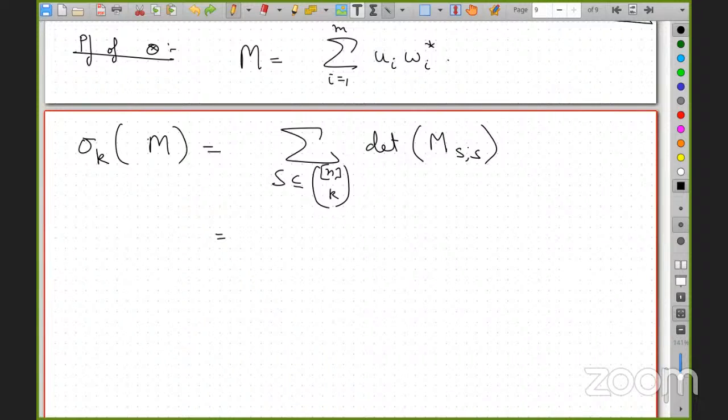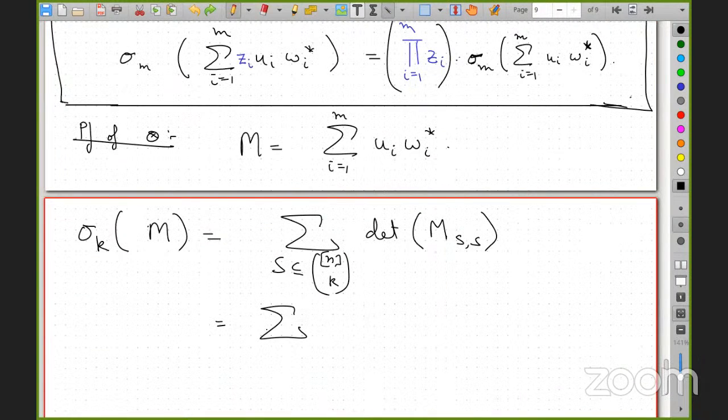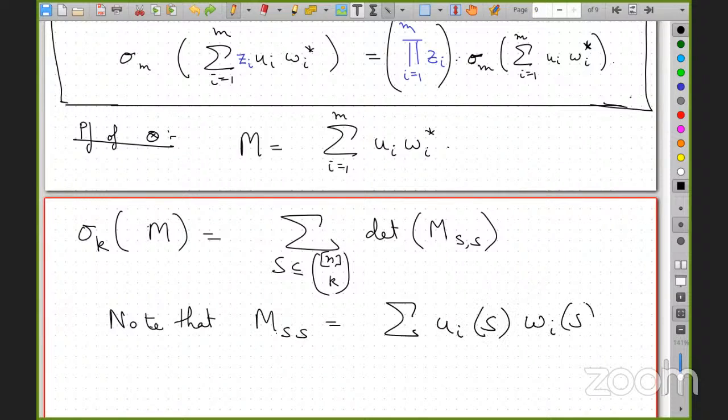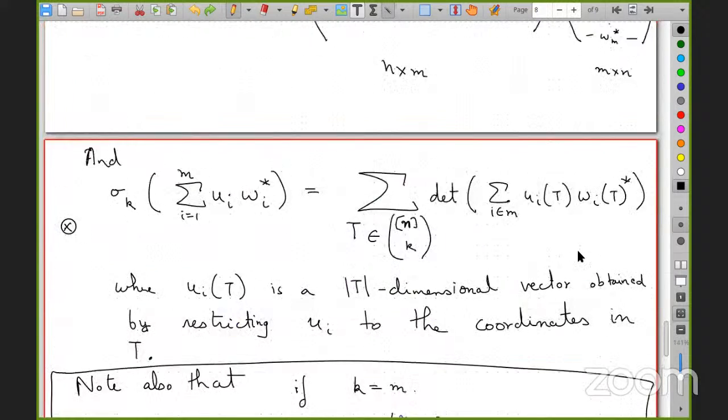So the point is, what is this M restricted to S, and that is exactly what this is. Note that this is exactly the sum of u_i restricted times w_i star restricted.